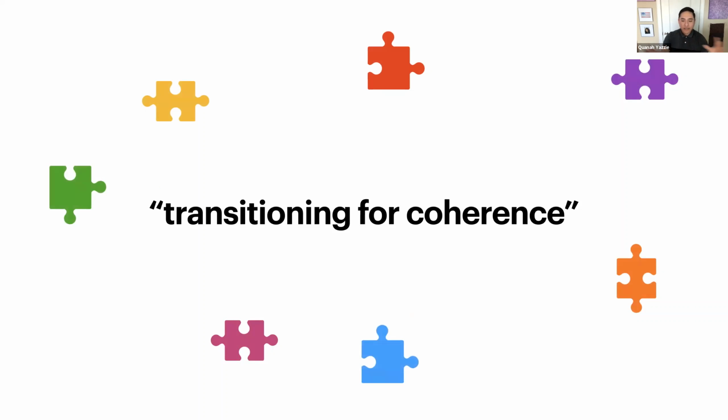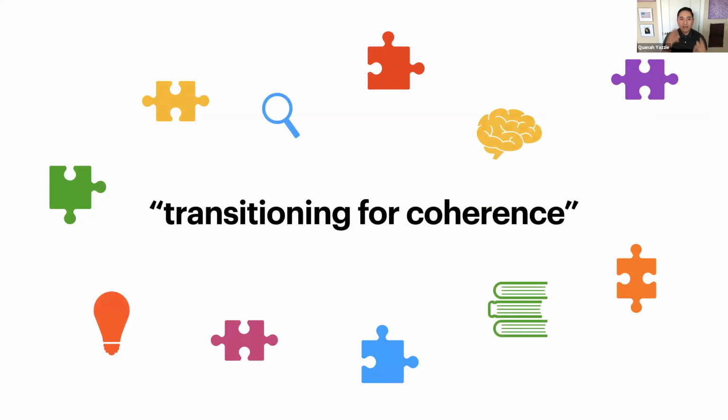So when we look at the words transitioning for coherence, we're combining structure and our mind and thinking of how we put together information all within one. So that's what we're going to talk about, how to transition to make things logical.